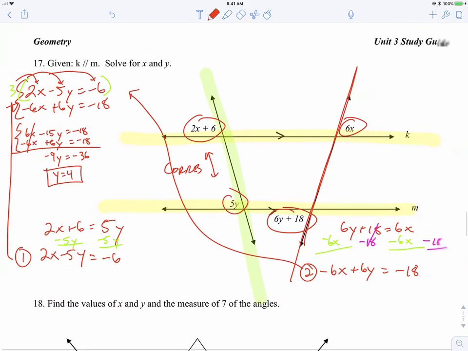So now how do I get x? I can plug that y equals 4 into any equation. I'll choose this one here. So I get 2x minus 5 times 4 equals negative 6. Let me write this a little neater so the people on the PDF might be able to follow.